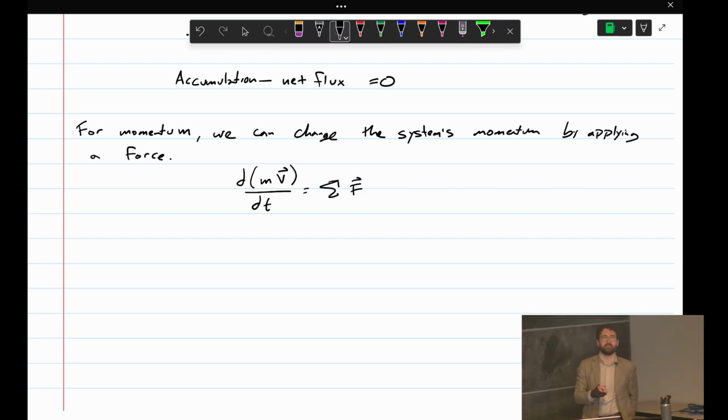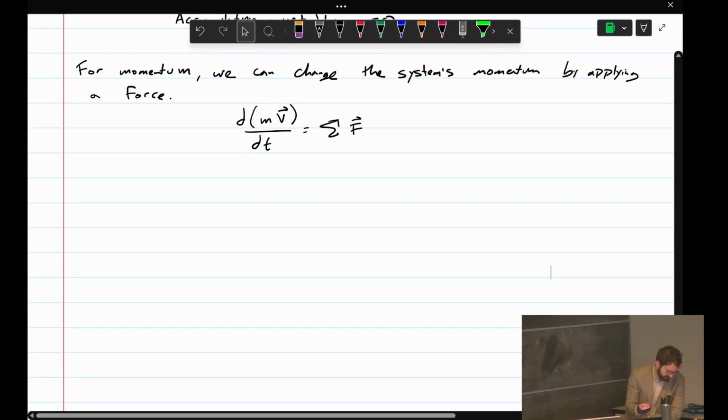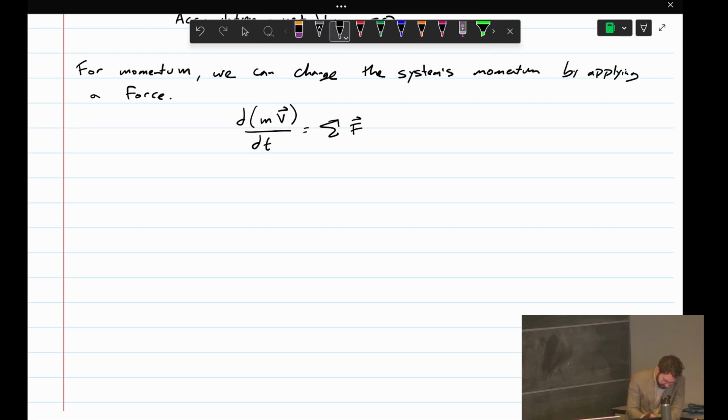And this is a vector equation. So we have vectors on both sides of the equation, which is expected. So we have mv, that's a vector, and we have the forces here. So in Cartesian coordinates, we have x, y, and z components. So this is actually really 3 equations in our Cartesian frame of reference. So for momentum, we get accumulation minus net flux is equal to the summation of forces.